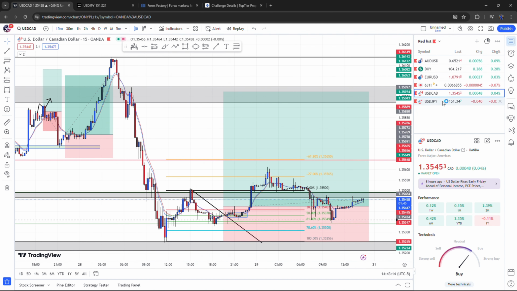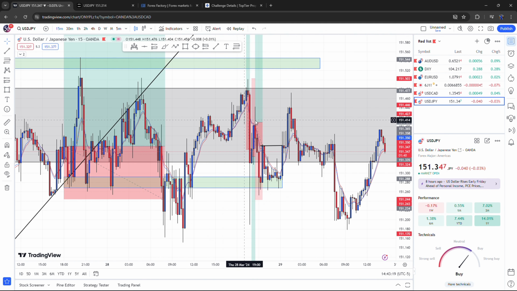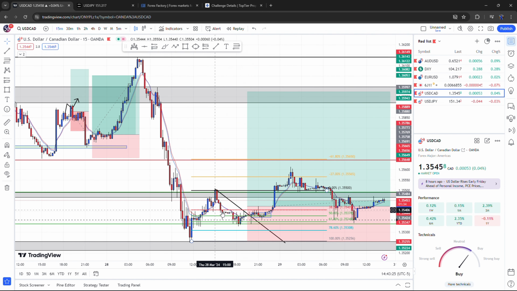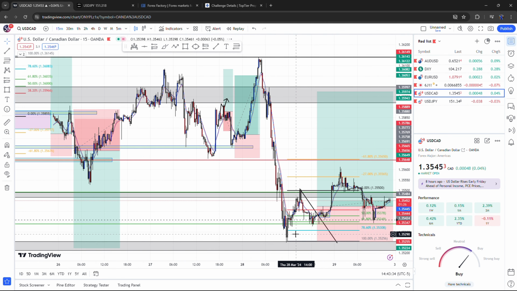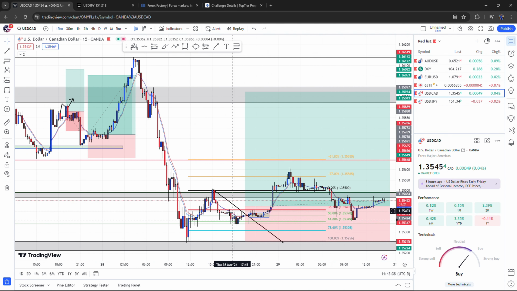And before that, I had it going bullish, but as soon as I saw this big red candle, I automatically thought that the USD was going to be bearish. So the first trade I took was a sell, which was from around this area. I took a sell to target either these lows or to keep going lower.